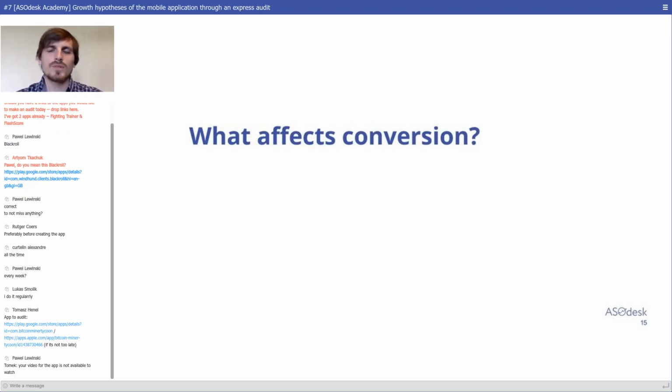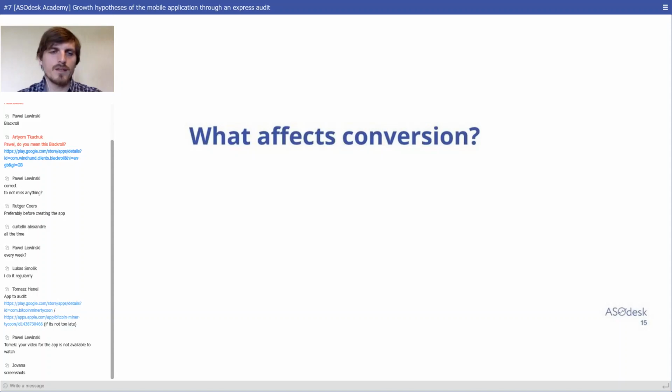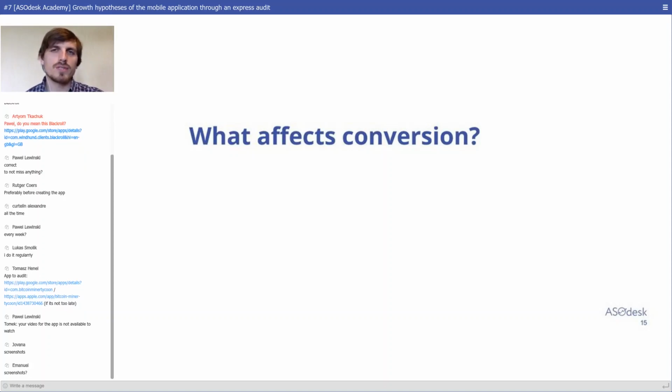So what would we think we should do to improve our conversion rate? Right, screenshots, very good. Screenshots would be especially important for conversion rate from product page view to installs. Yeah, Emmanuel, screenshots, yeah. What else do you think?